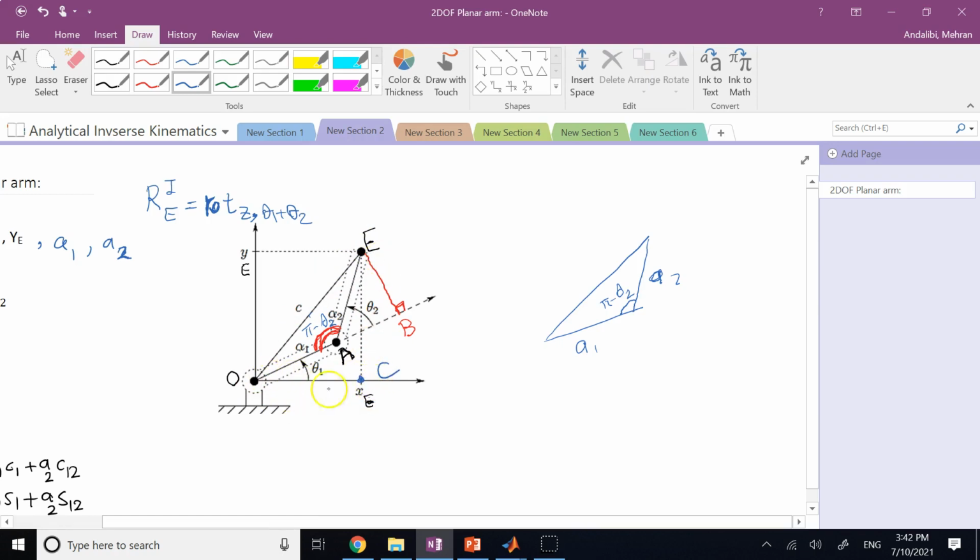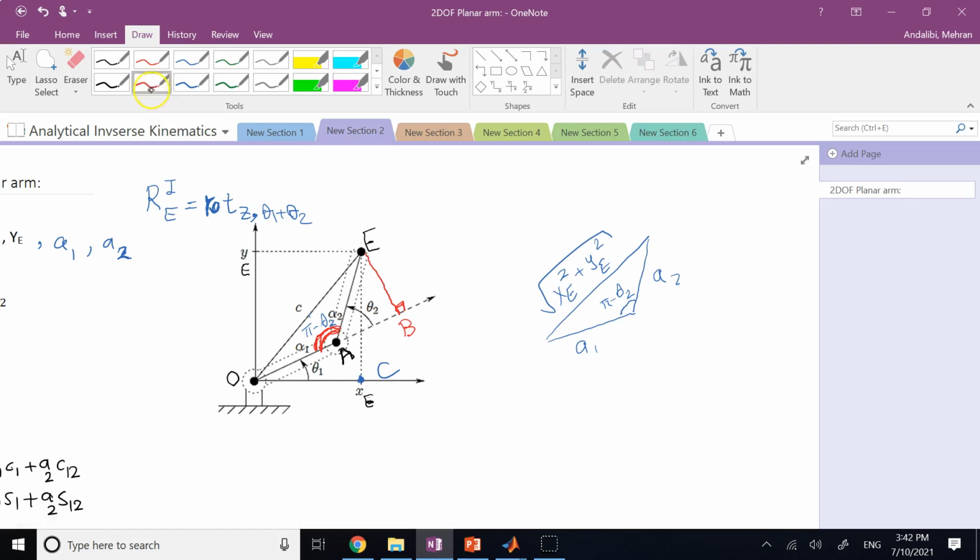Right? And OC is x of E, and CE is y of E. So this side should be the square root of x of E squared plus y of E squared, right? This is what you have for this triangle.